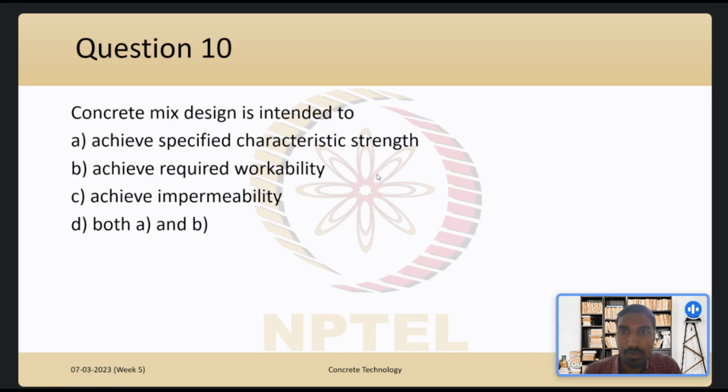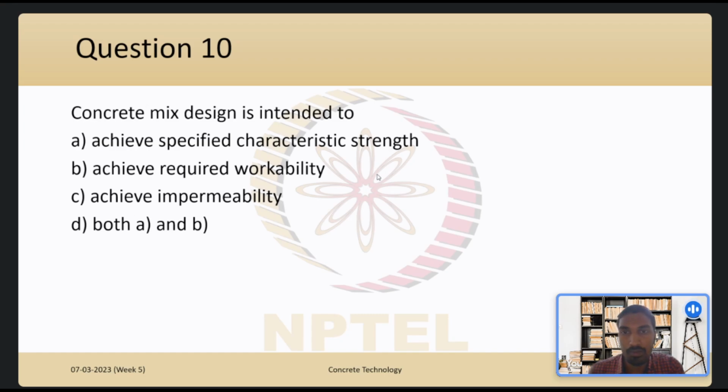So question 10 is about what is the objective of doing the mix design. So concrete mix design is intended to achieve specified characteristic strength, achieve required workability, achieve impermeability, and both A and B. Okay, so the purpose of mix design is to achieve the specified characteristic strength, and we looked at that earlier, right?